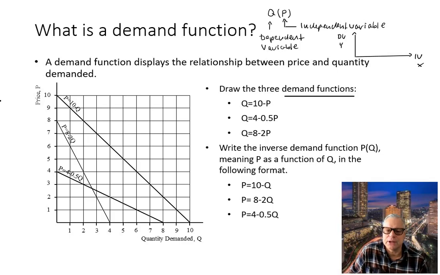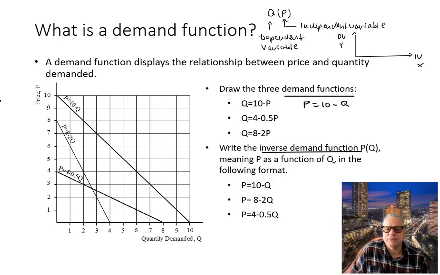If we do that, we can rearrange this term, and if we put the price to the left side of the equal sign, we get the price equals 10 minus Q. And that is what we now call the inverse demand function. Whenever the price comes to the left side of the equal sign, that is what we call the inverse demand function.